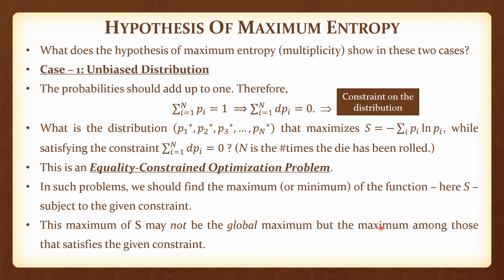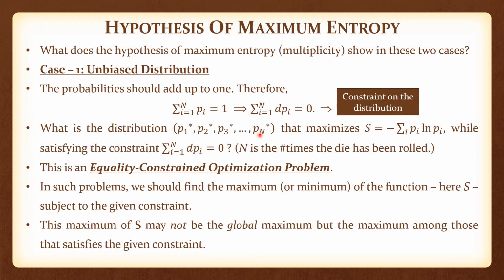So over the next 3-4 slides, we are going to take a slight detour into the mathematics behind equality constraint optimization problems. We are going to see one of the approaches that can be used to come up with this maximum and find out what this distribution is. That is what we are ultimately interested in.